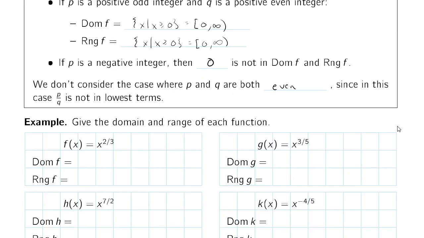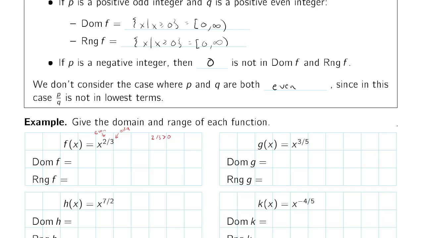So let's see some power functions and find their domain and range. So here we have an even numerator, an odd denominator, and 2/3 is positive.